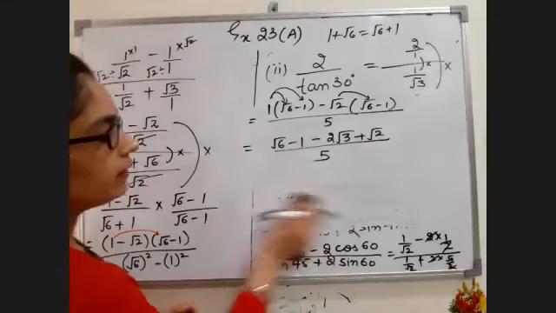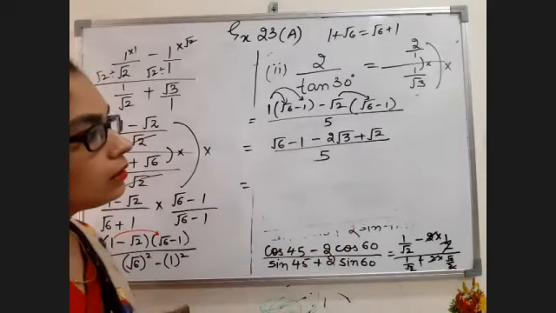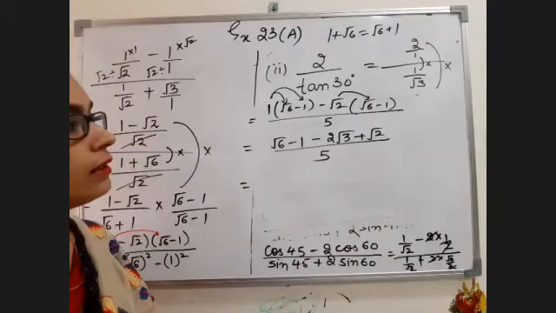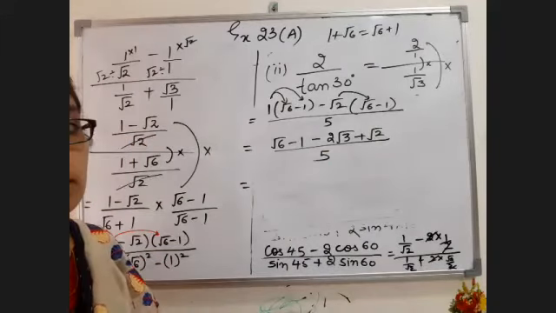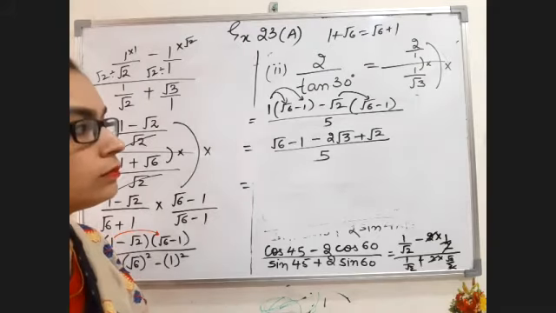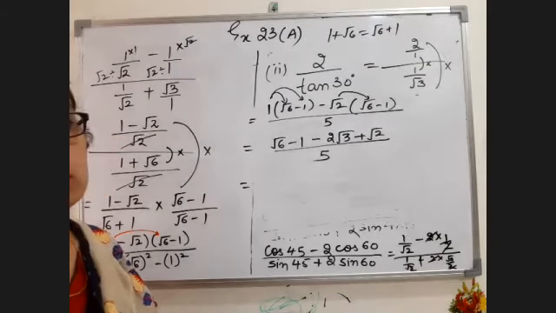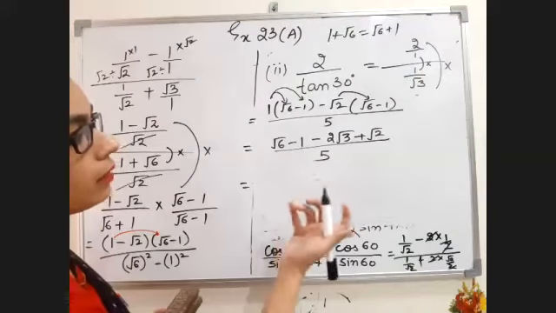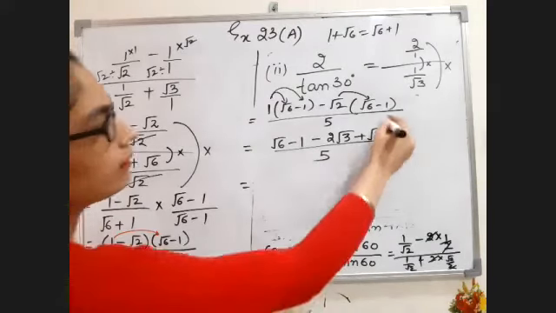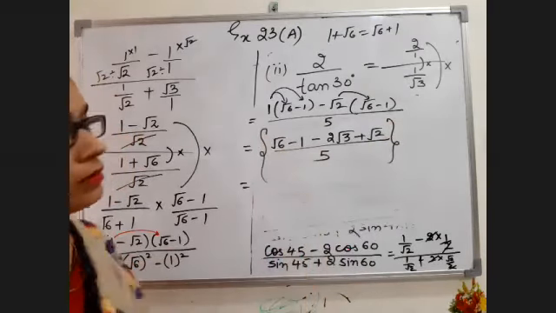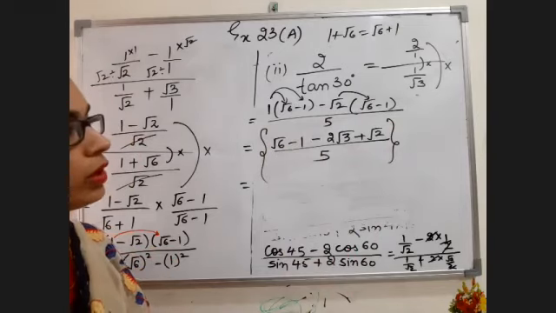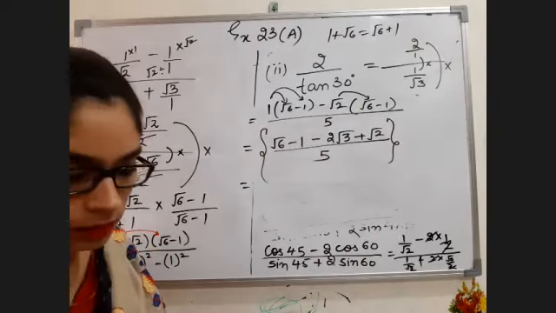So let's solve it. Do we have any like term? No, ma'am, only one. So with no like term, we can write this as the answer. Ma'am, what to do if like terms are there?